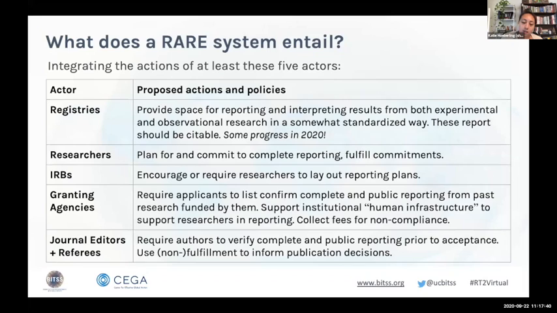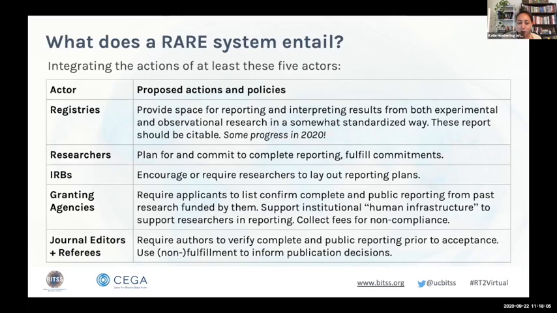So, I mean, there aren't very many places where you might be able to put them if they're not published in a paper. But we are suggesting that granting agencies now require you both to register your work somewhere and then report, and then tell them where you're reporting it if you're going to submit another proposal to them in the future. We're also proposing that they support this kind of human infrastructure.